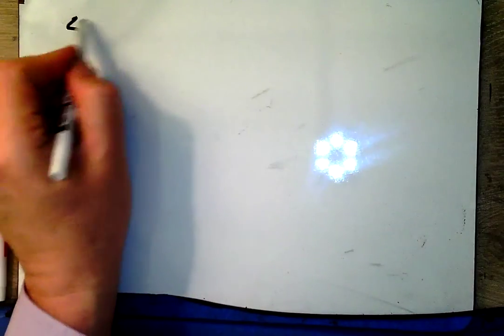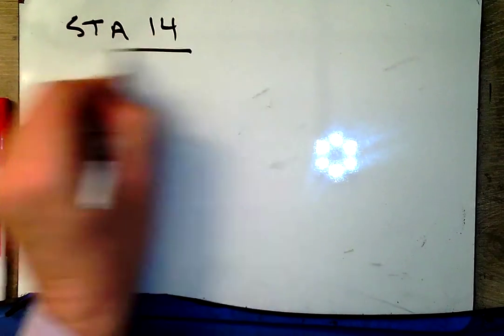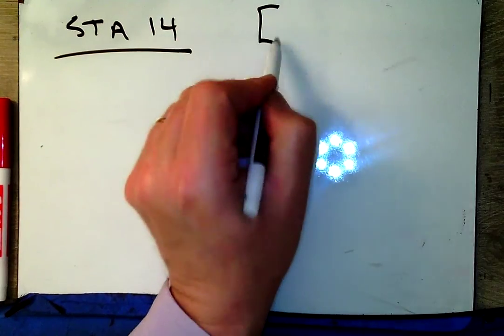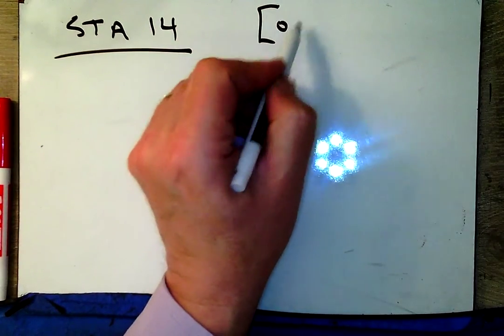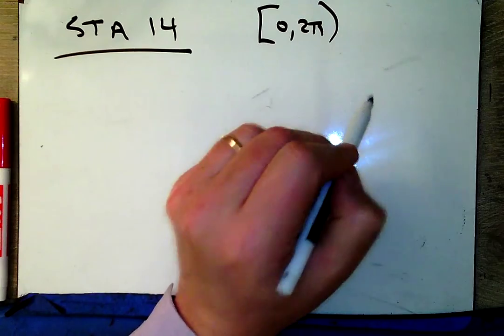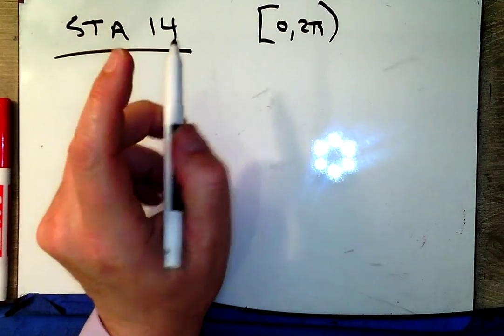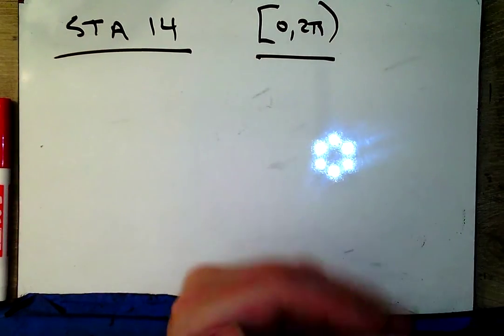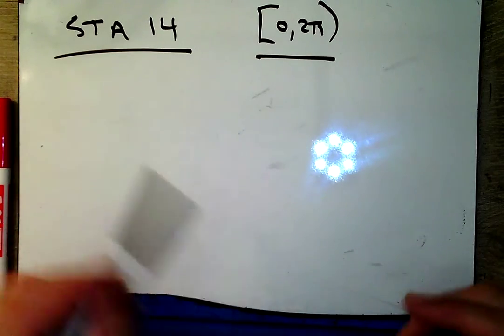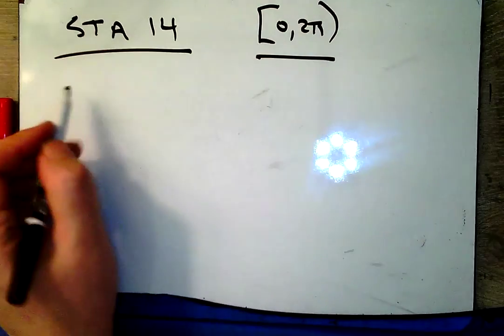So, station 14 says we're to find all the solutions on 0 to 2 pi. Yeah, it's all solutions, but it's only on 0 to 2 pi. So we're not slapping plus 2 pi n here anywhere.